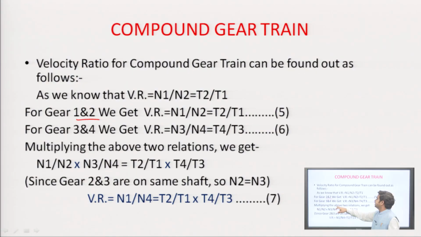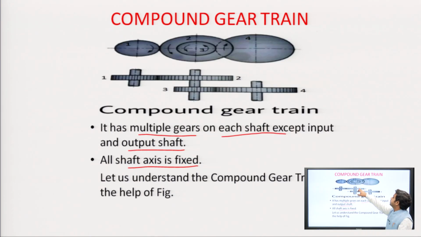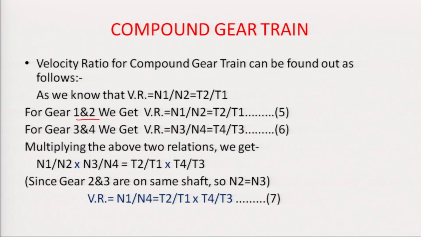Now, multiplying the above two relations, we get n1 by n2 into n3 by n4 equal to t2 by t1 into t4 by t3. Since gear 2 and 3 are on the same shaft, as we can see in the figure, the speed in RPM of gear 2 and 3 will be same, that is written here, n2 is equal to n3.